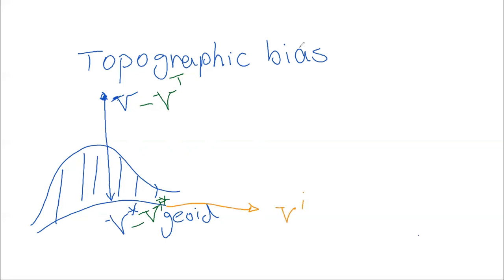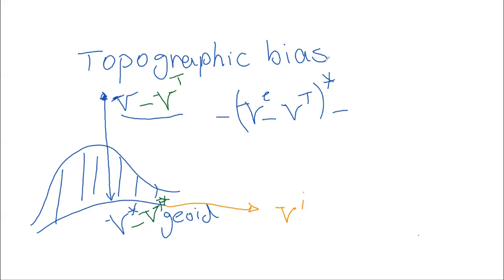So this means that this gravity that I have here, which is continued downward, I will write this as V minus V external minus V topographic effect continued downward.